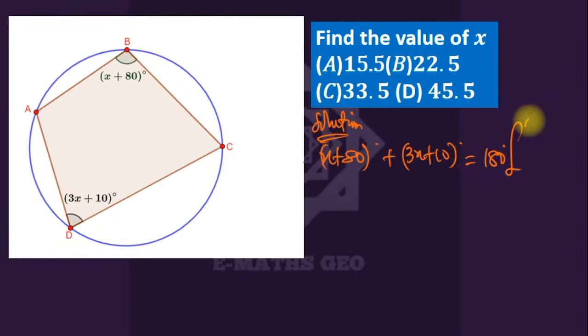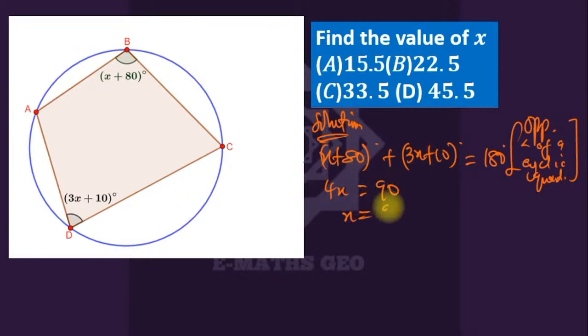Yes, that's opposite angles of a cyclic quadrilateral. So we can add now. x plus 3x is 4x. 80 plus 10 is 90. 180 minus 90 is 90. Therefore, x is 90 over 4, which is 45 over 2.